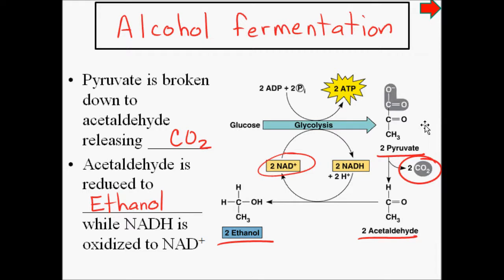Now, the next step in the fermentation process, these 2 pyruvates are going to be broken down in a 2-step process, first to acetaldehyde, and then each acetaldehyde will be broken down to a molecule of ethanol. So let's take each one at a time. So pyruvate is going to first be decarboxylated. Do you see this carbon dioxide that's being released? And it's going to produce 2 acetaldehyde.